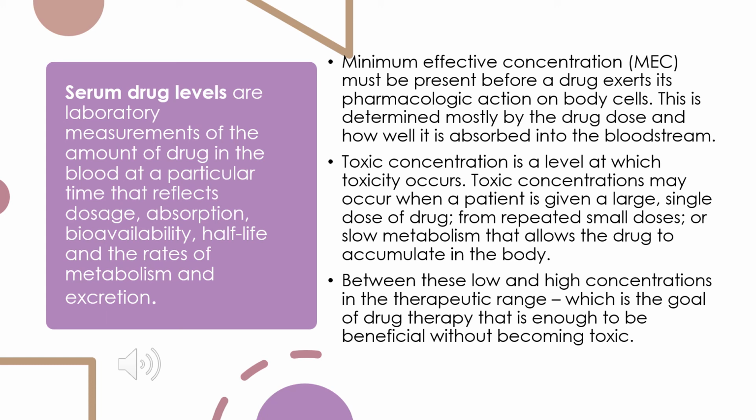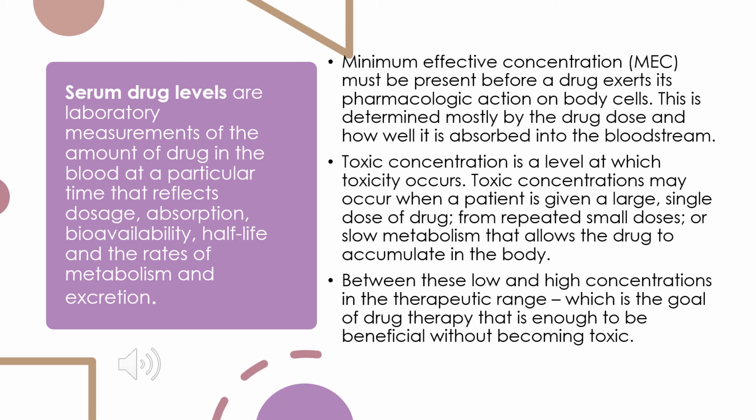Toxic concentration is a level at which toxicity occurs. Toxic concentration may occur when a patient is given a large single dose of a drug. It may be from repeated small doses or slow metabolism that allows the drug to accumulate in the body.